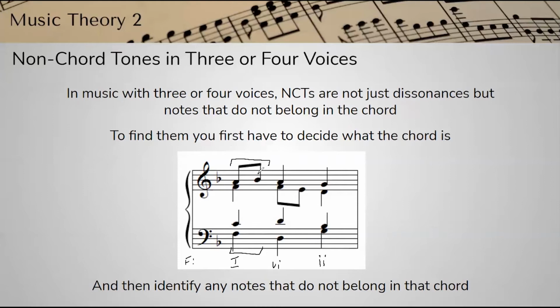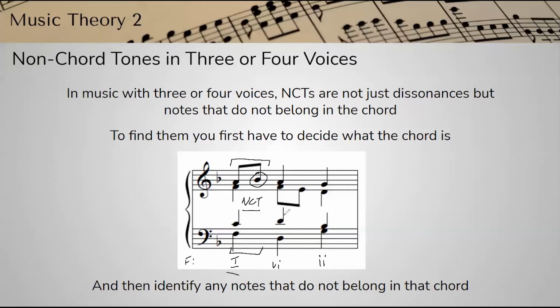And that would be the note B flat, because in an F major triad, we should only have the notes F, A, and C. We shouldn't have any B flats. So we would identify that B flat, since it doesn't belong in that F major chord, as a non-chord tone, or NCT, okay? And we'll learn what kind it is in a second, but for now it's enough just to say it's a non-chord tone, something that does not belong in that F major triad.